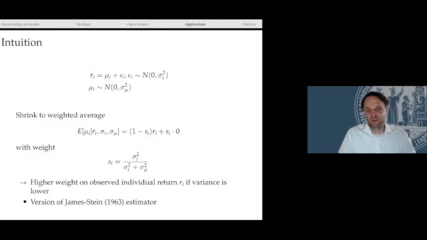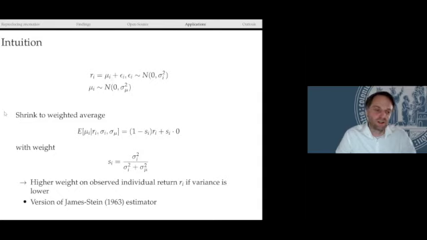The model is very simple. The idea is that the return for a particular predictor is drawn from a distribution of returns, and the mean of that distribution is also drawn from a distribution of the mean returns.